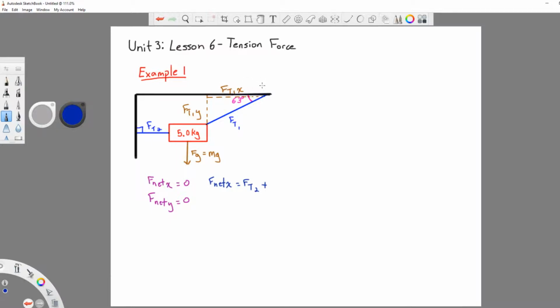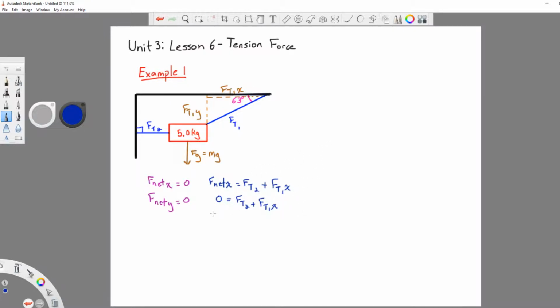There's the only two things acting in the left-right x direction. So FT2 plus FT1x. What we can do is say 0, because we know F net is 0, is equal to FT2 plus FT1x. And I think this is going to start coming together.